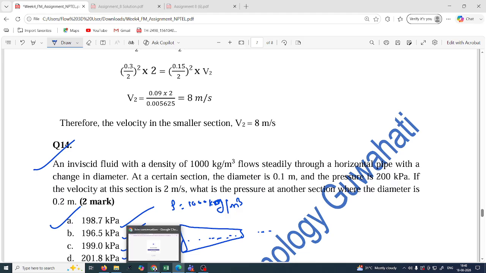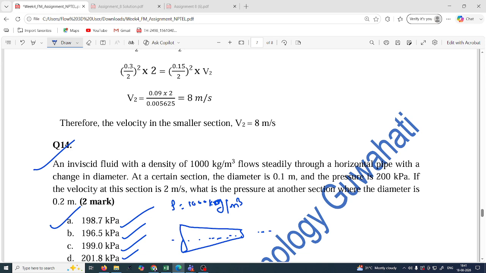Okay, at a certain section the diameter is 0.1 meter and the pressure is 200 kilopascal.